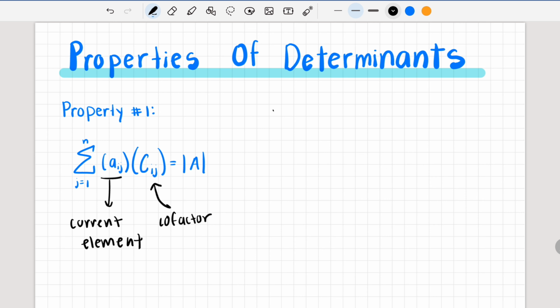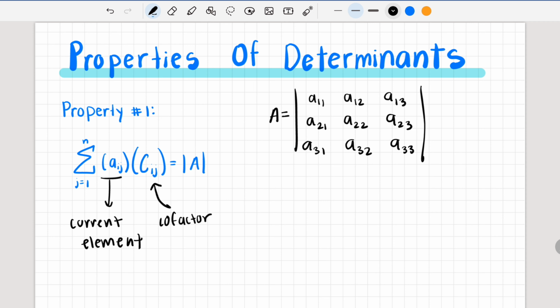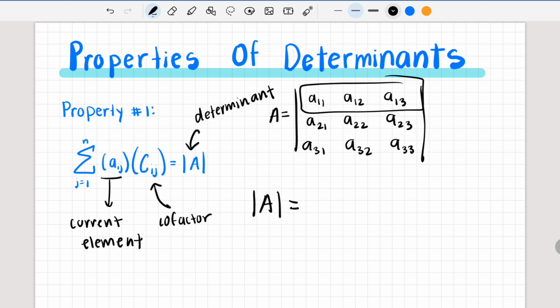So let's say we have A is A11, A12. Okay, let's assume that is the matrix. Now what this is saying is that the determinant of that matrix, this is the notation for a determinant, is equal to, let's say that we are looking at this row right over here.